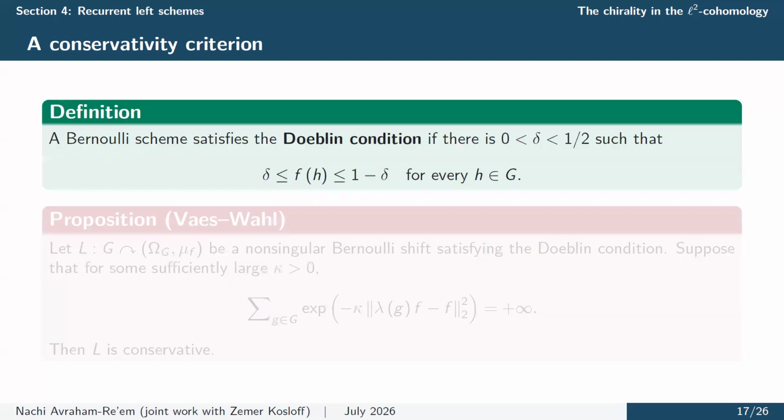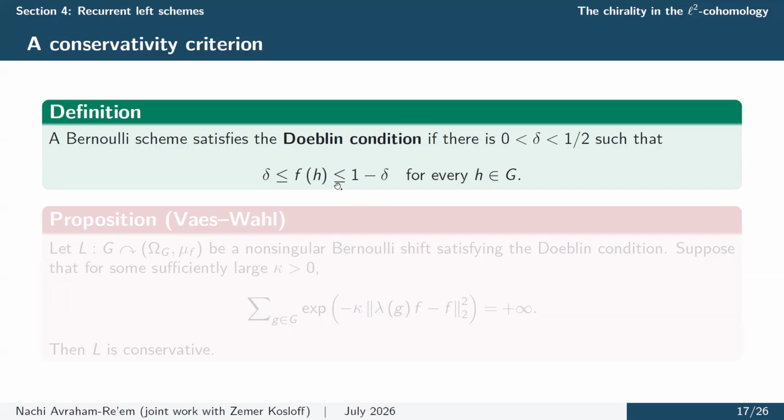Okay, so I wanted now to say something about conservativity of non-singular Bernoulli shifts, which is one of the cases where it's very delicate to verify whether a non-singular Bernoulli shift is conservative. Before that, let me just mention a terminology. Let me say that a Bernoulli scheme satisfies a doubling condition if the marginals just stay away from 0 and 1.